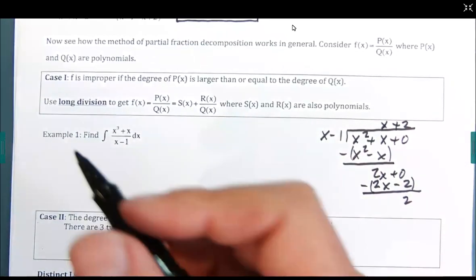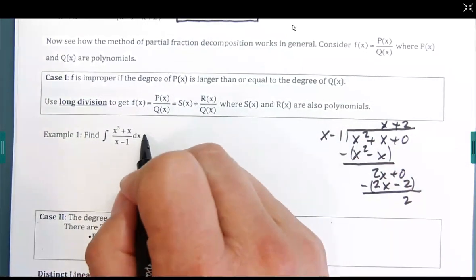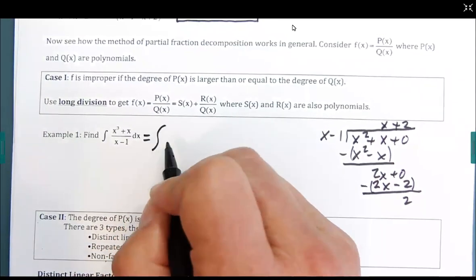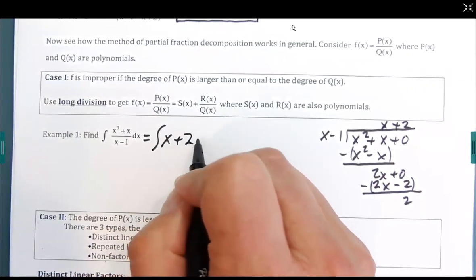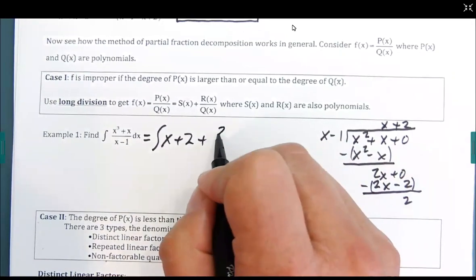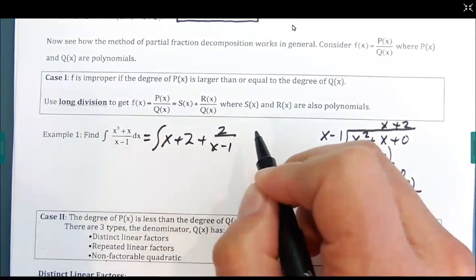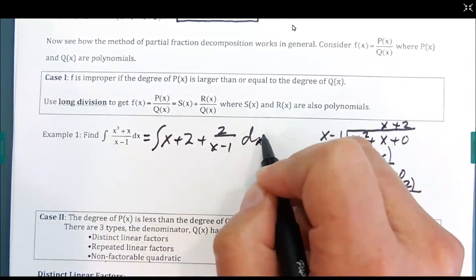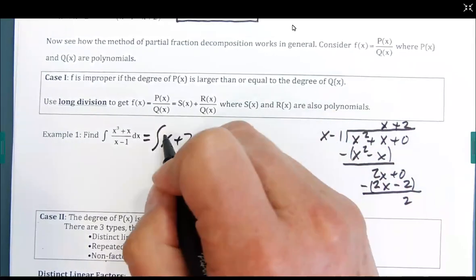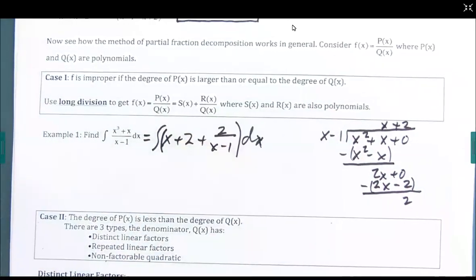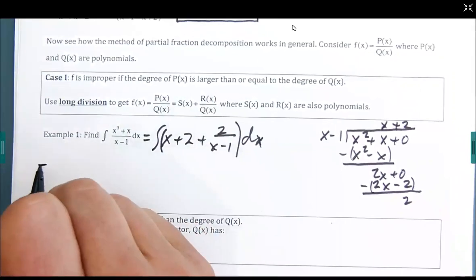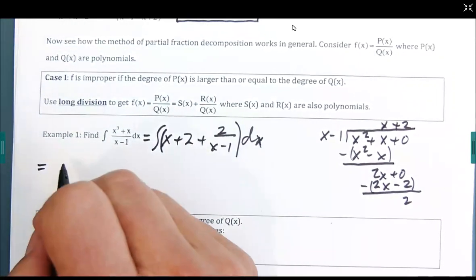So actually this integral here becomes the integral of x plus 2 plus 2 over x minus 1 dx. Which makes it very, very easy to integrate now that we've done that.